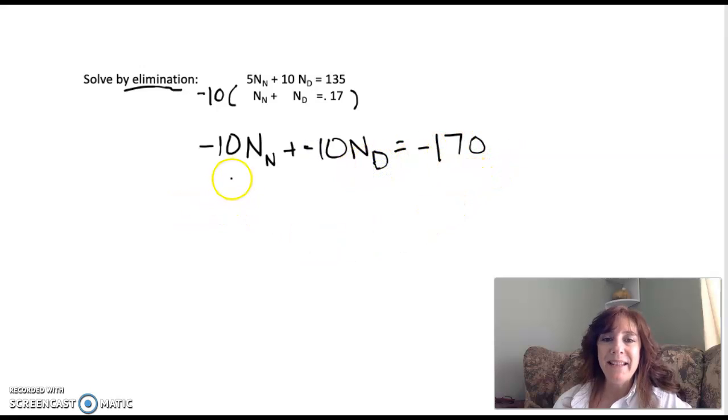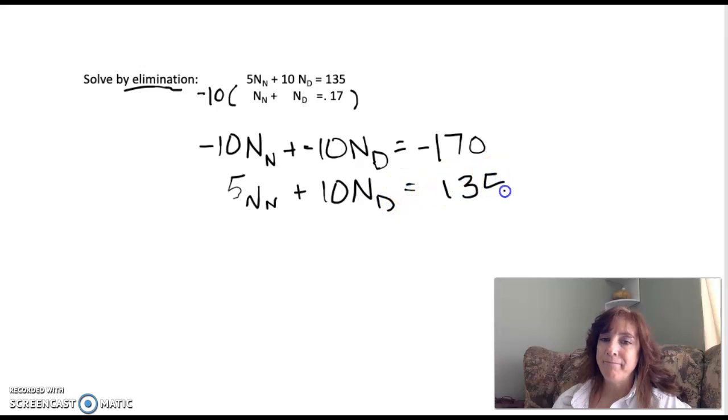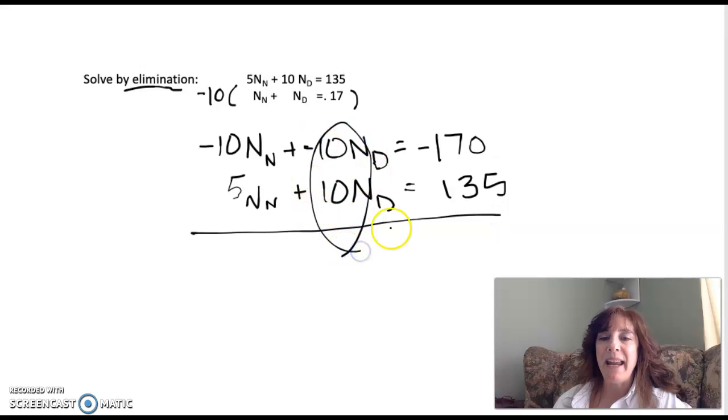Now if I add this equation to the first equation, my n of d's go away. I eliminate my n of d's. They become 0. Negative 10 plus 5 is negative 5 n of n. And then negative 170 plus positive 135 gives me negative 35.